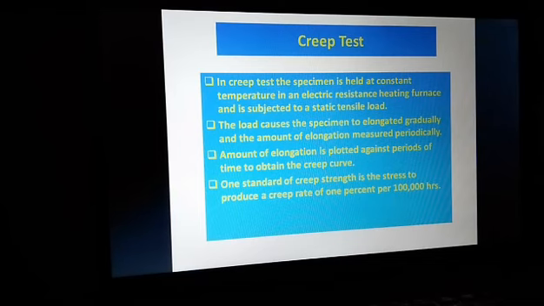The amount of elongation is plotted against time to obtain the creep curve. One standard of creep strength is the stress to produce a creep rate of 1% per 100,000 hours.